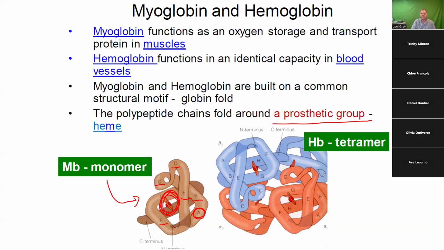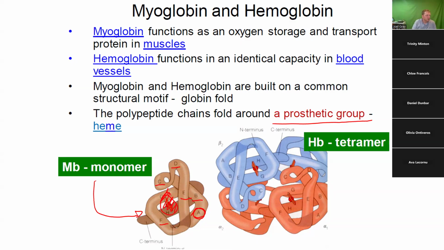Heme does the same sort of thing, but on a chemical level. Heme gives myoglobin, MB here, an ability to bind things that, without that heme prosthetic group, this protein would not be able to do.